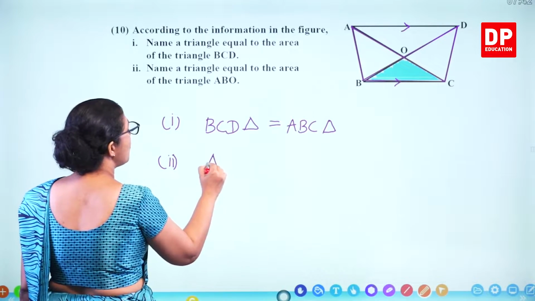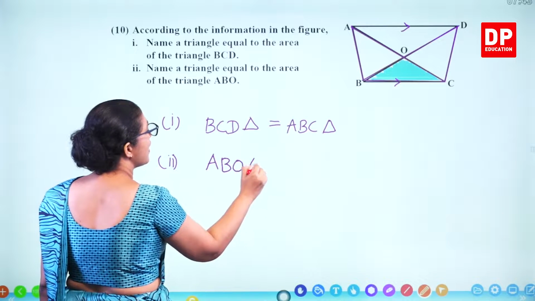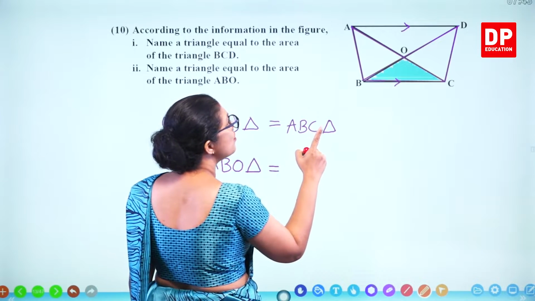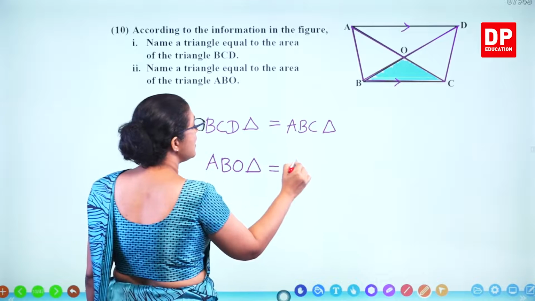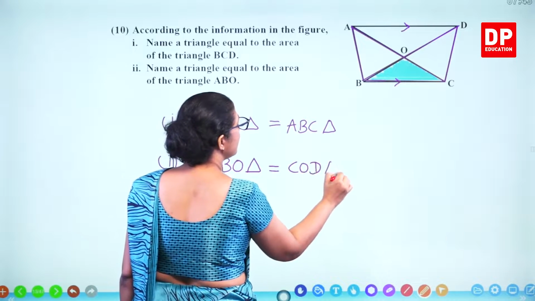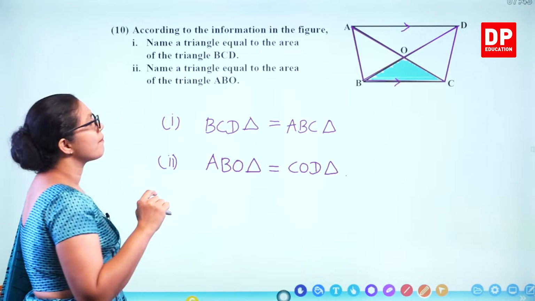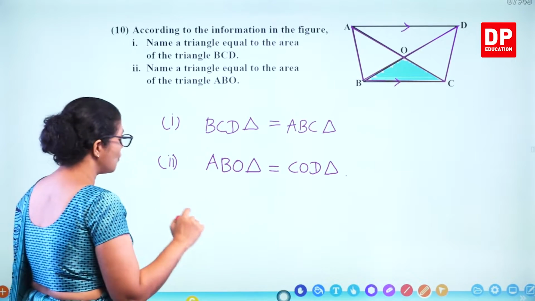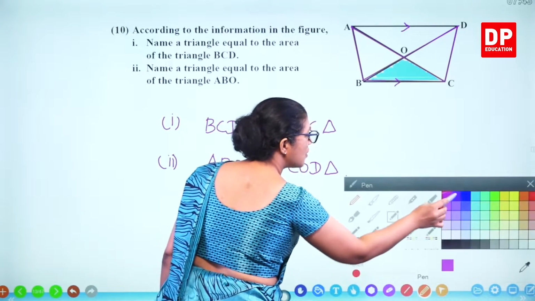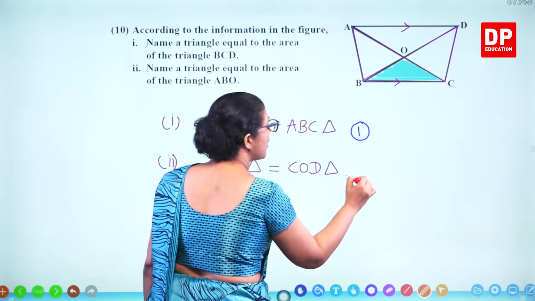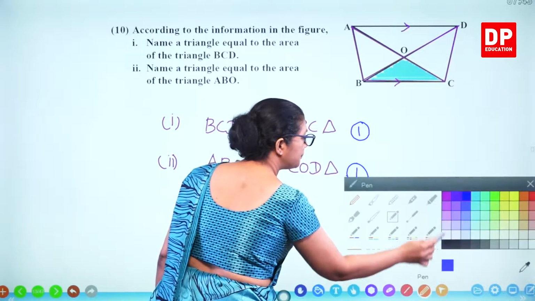So ABO triangle is equal to COD triangle. So 1 mark for each part. 1 mark here, 1 mark there.